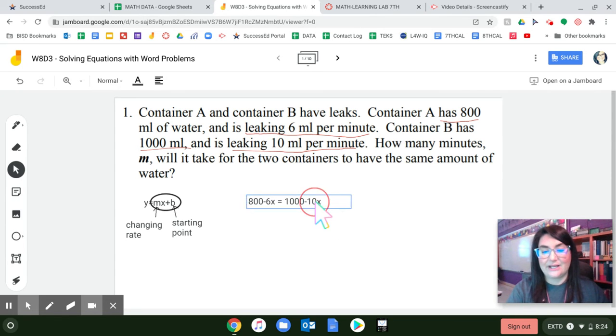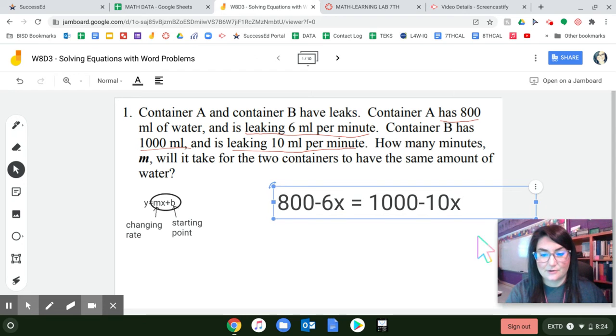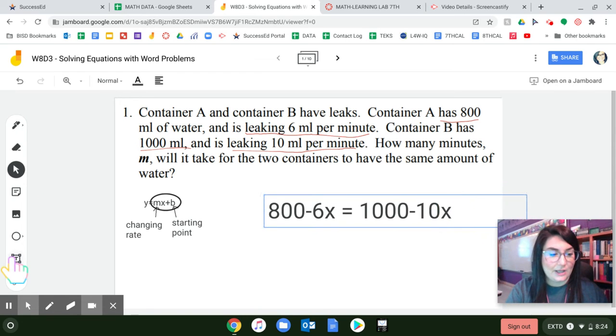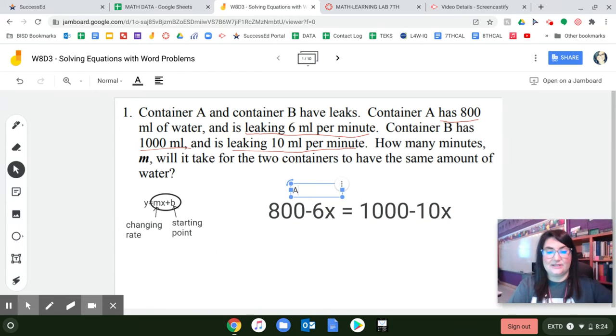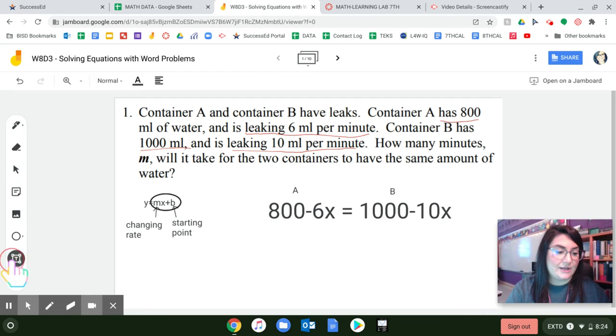Now, if I wanted to write it in mx plus b form, let me make this bigger. I'm also going to label that this is container A, this is container B. My slope, my changing rate, would go first with x, and it's still going to be negative, okay?